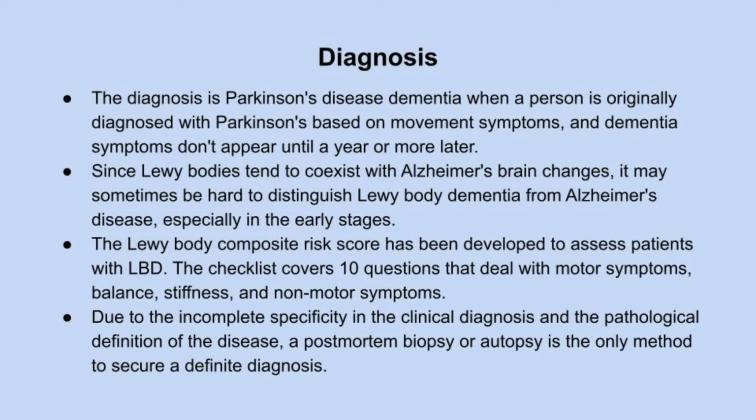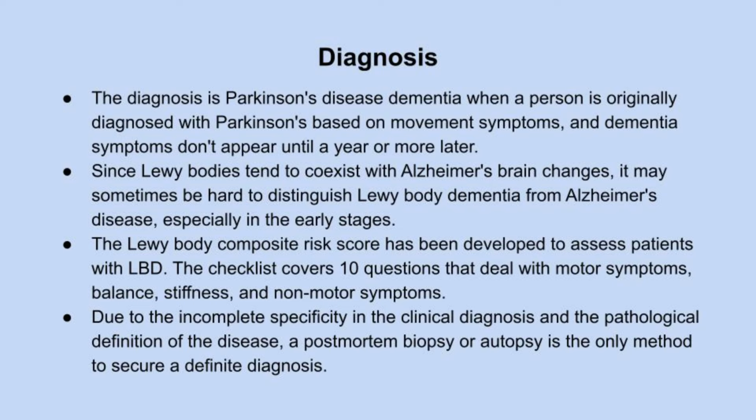Since Lewy bodies tend to coexist with Alzheimer's brain changes, it may sometimes be hard to distinguish between Lewy body dementia from Alzheimer's disease, especially in the early stages. But there is a Lewy body composite risk score that has been developed to assess patients with this.